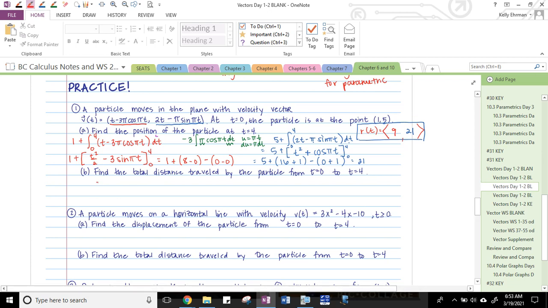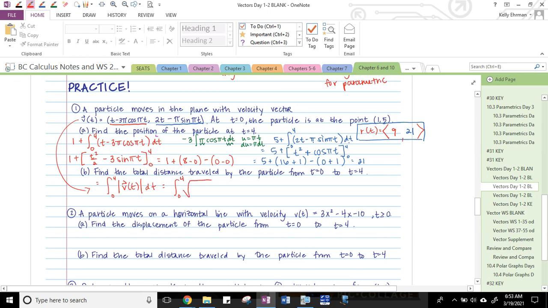So total distance is just going to equal the integral from 0 to 4 of the absolute value of v of t. And as long as v of t is written in the problem, you can write it like that on the AP test, unless you really do want to write the whole thing out. I am going to show what that would be.